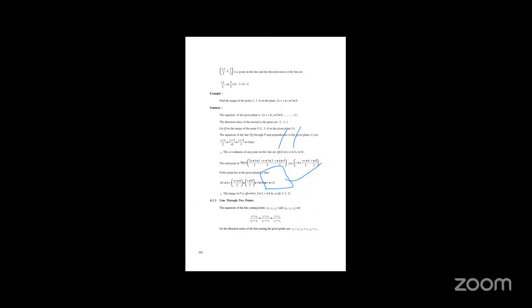Substituting r equal to minus 2, we get the points; P is already given, and the r value we substitute in Q. So that becomes minus 3 comma 5 comma 2.